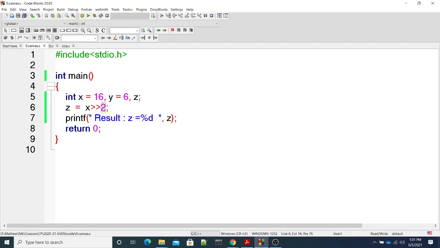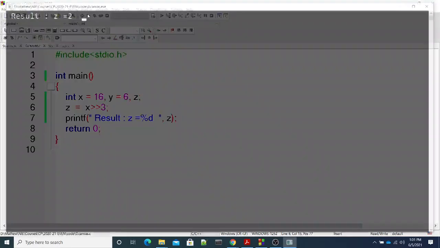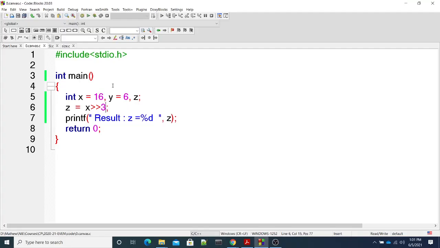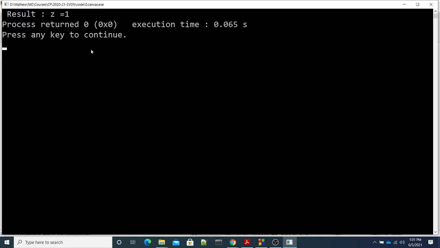Shifting 16 towards right by 3 positions, I get 2. So when 16 is shifted towards right by 1 position, I got 8. Then again one more position, I got 4. Then again one more position, I got 2. Shifting 4 positions, I got 1.